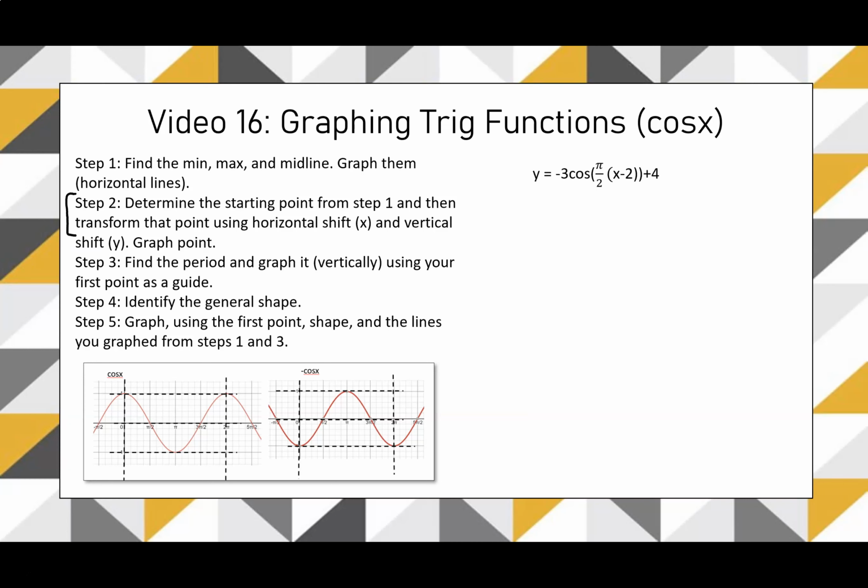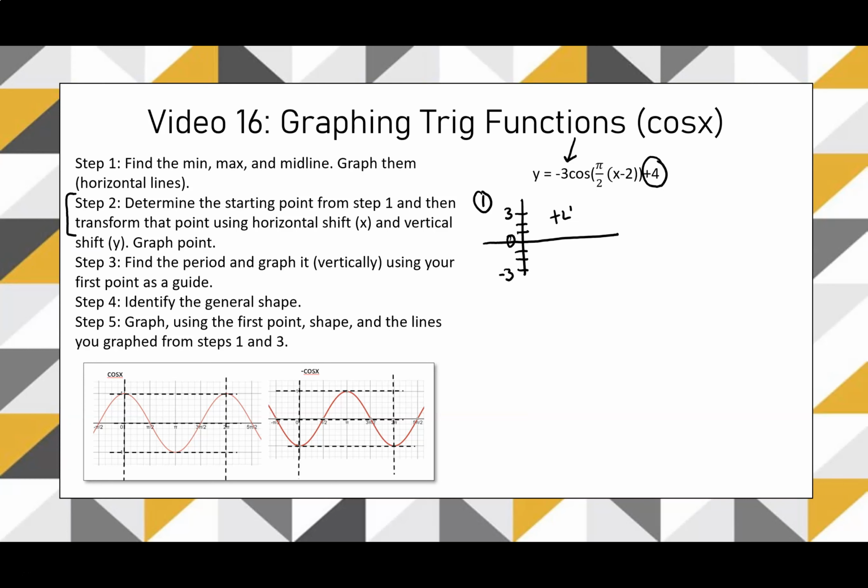All right, let's get started here. Step 1 is we have to find the min, the max, and the midline. I look at this first and I know this is going to be from -3. We've got our midline there, and then we've got our 3 up here. Now we have to identify where our amplitude is going to change, and that's going to do with that +4.